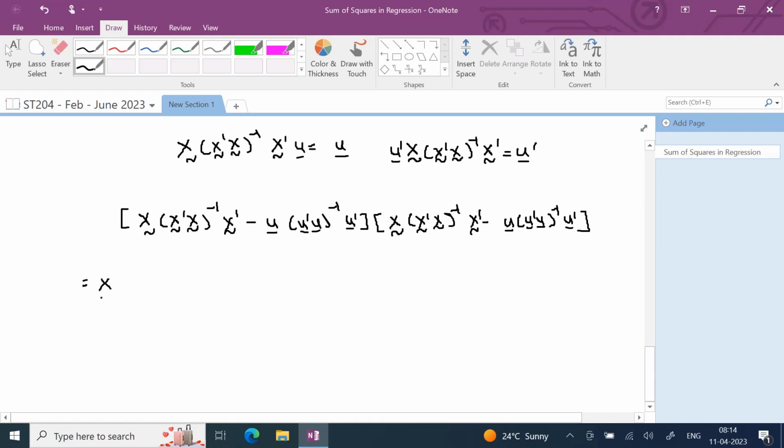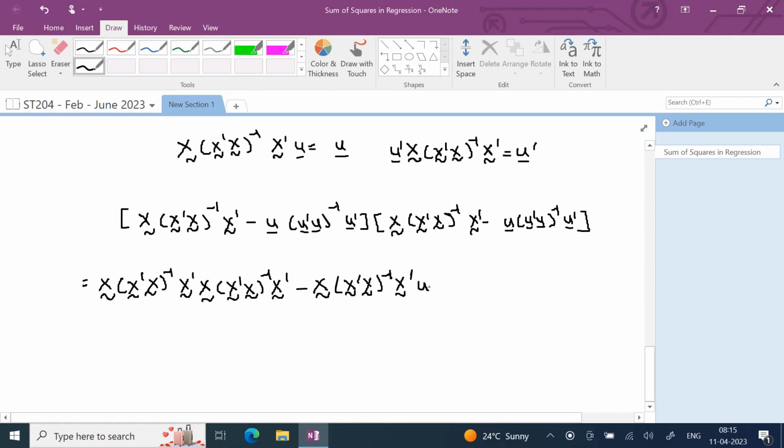So the first term becomes X(X'X)^{-1}X' into the first term from the second bracket, that is X(X'X)^{-1}X'. Then the first term from the first bracket and the second term from the second bracket. So this becomes minus X(X'X)^{-1}X' into U(U'U)^{-1}U'.